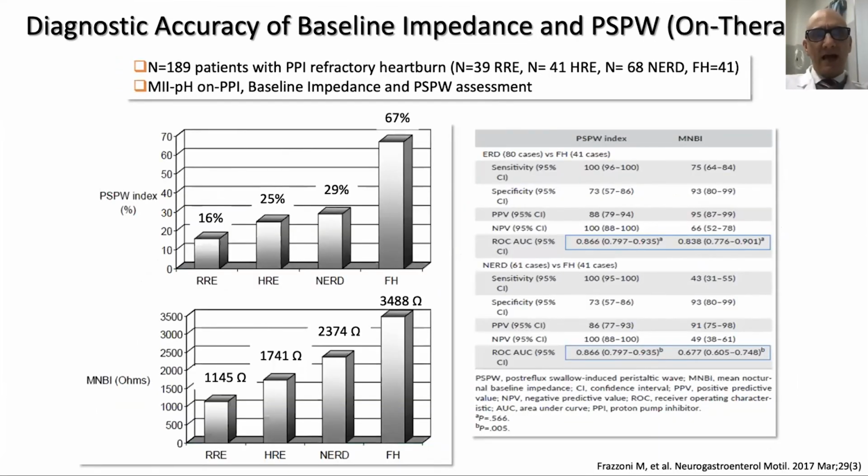In this study performed, MNBI and PSPW index were evaluated in patients on treatment.